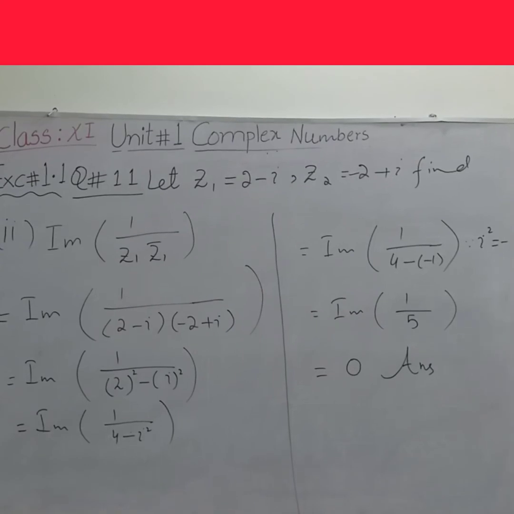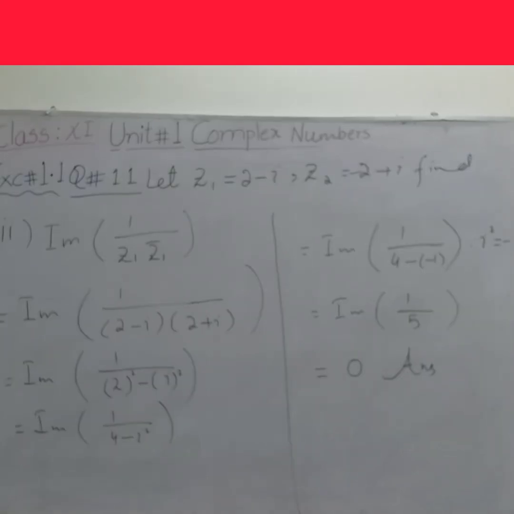Second part of question number 11 is: find imaginary part of 1 divided by z1 into z1 conjugate. Putting values of z1 and z1 conjugate, the value of z1 is 2 minus iota, so the value of z1 conjugate is 2 plus iota.